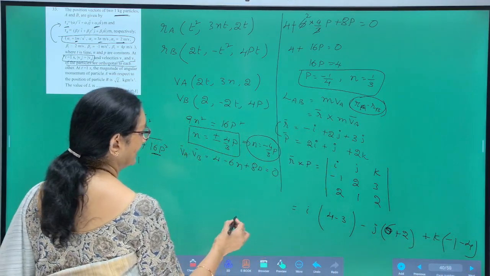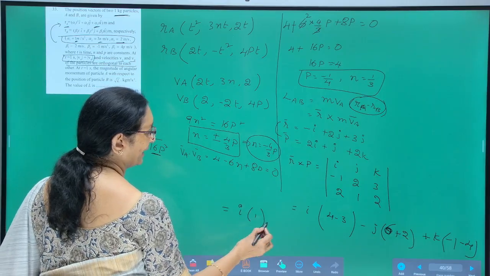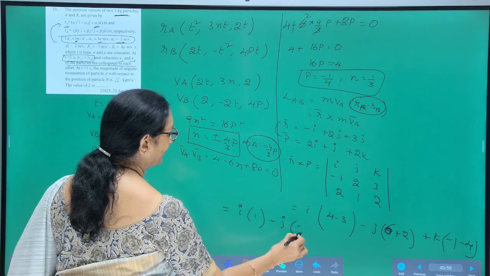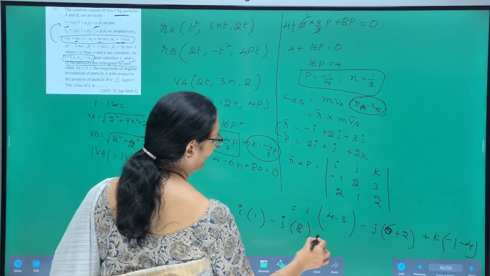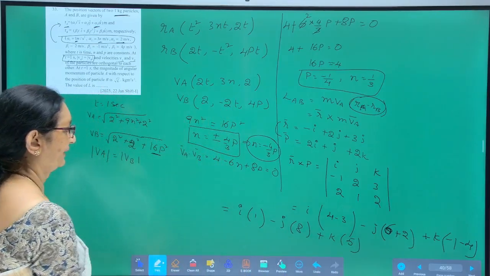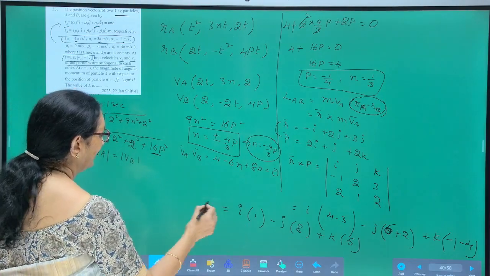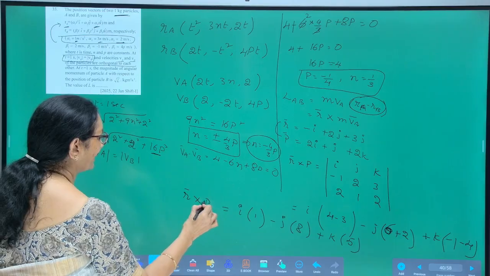So, this is I into 4 minus 3 is 1 minus j into 8 plus k into 5. Okay, so here this is R bar cross P bar.